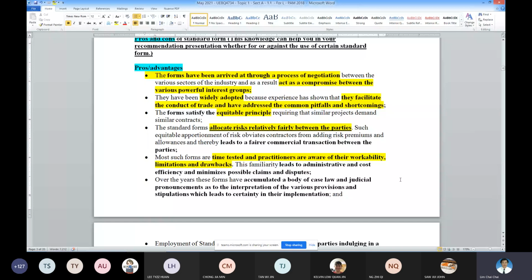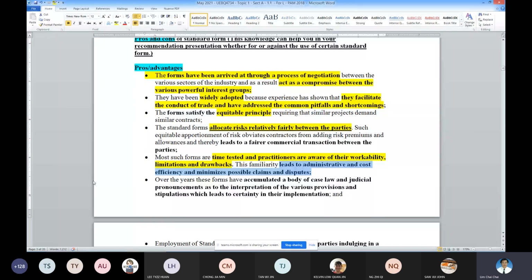The standard form for this PAM started in 1969. Can you imagine, in 1969 we had the standard form, and it has been revised until now, 2018. How many years has it already been in use? If it's time tested, then it will lead to efficient management of the contract and minimize dispute.